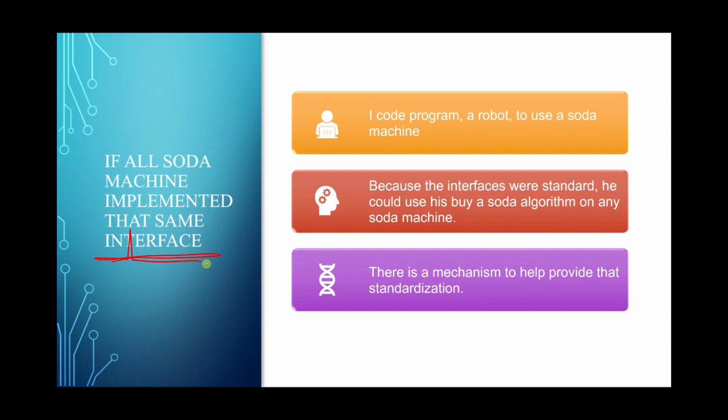Because we have a standard interface, my friend or the robot could use the buy soda algorithm to buy a soda. The buy soda algorithm would be: put in some money, press a button. If you have enough money, you get your drink. If you don't have enough money, you get a message. So there is a mechanism to help provide the standardization.